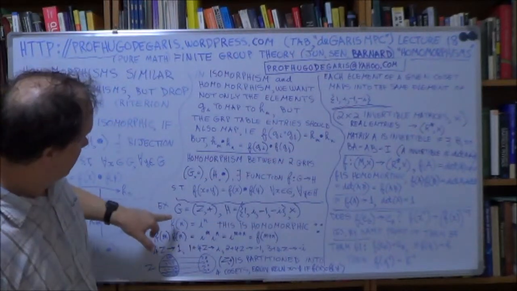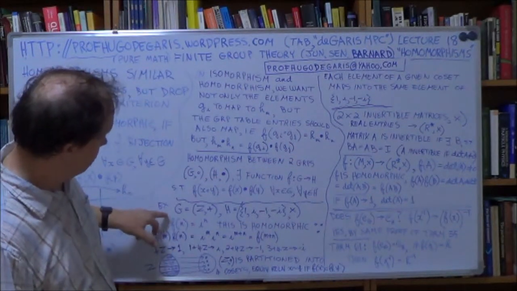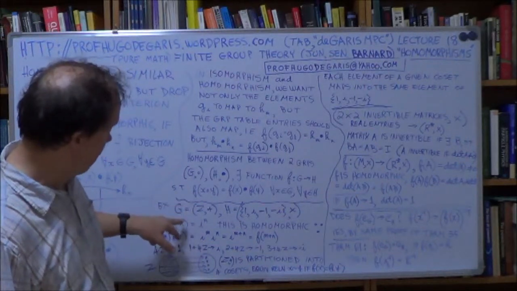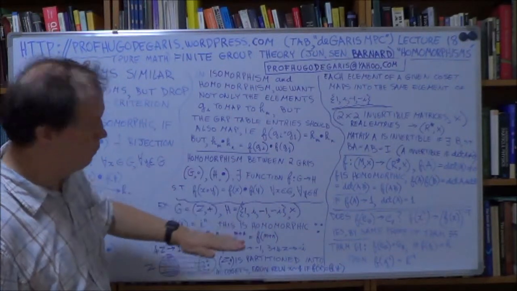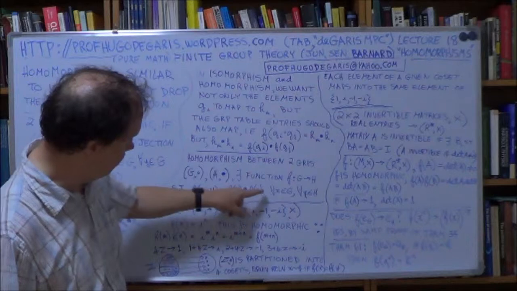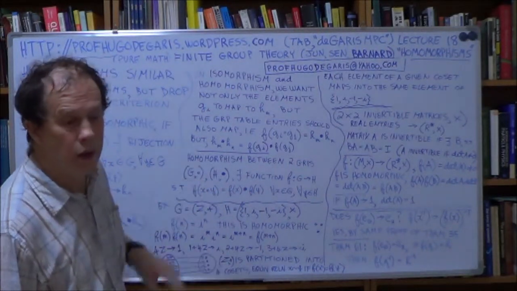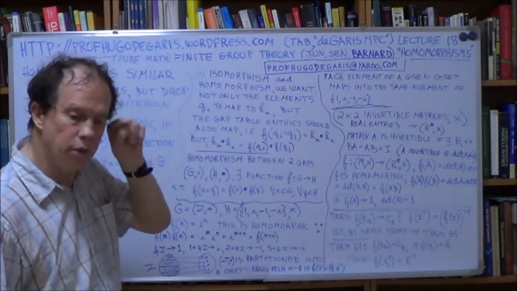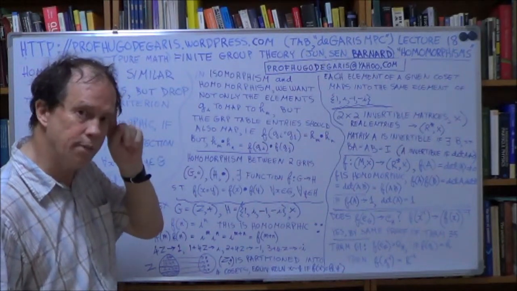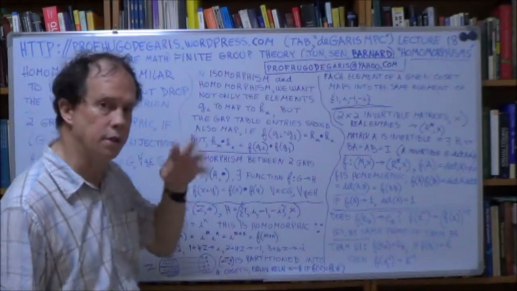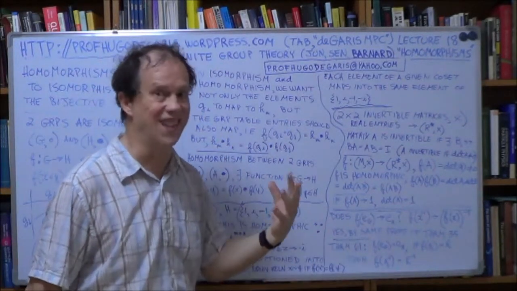All right. So here's our first example of a homomorphism. And remember, to prove that something's a homomorphism, we have to show this effectively. Yeah? And that's all. We do not have to show that the mapping is bijective. Don't need that anymore because it's now a homomorphism, not an isomorphism.